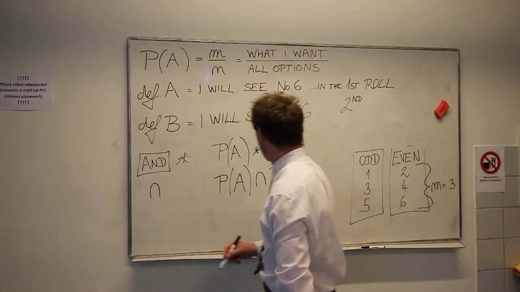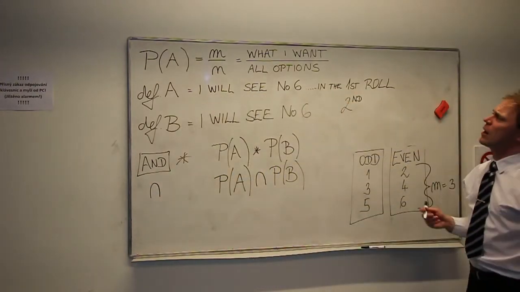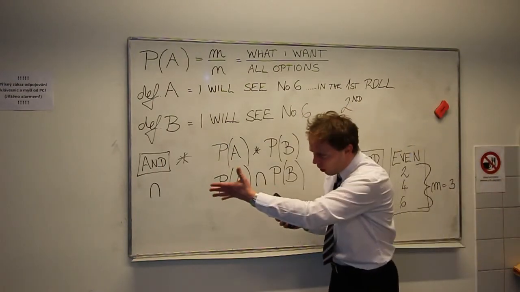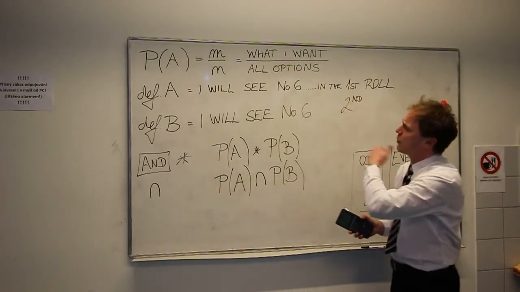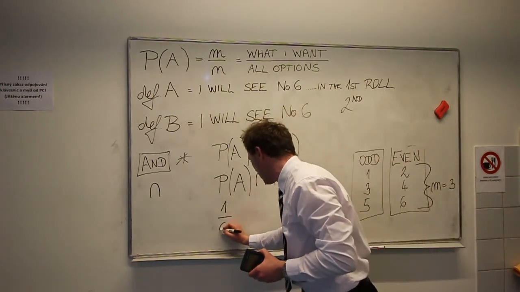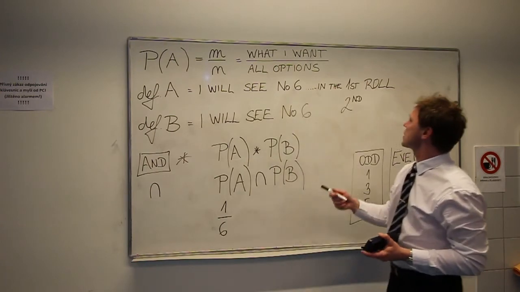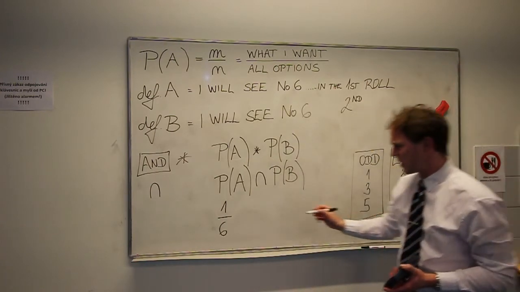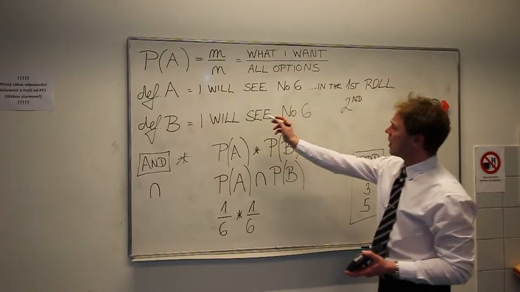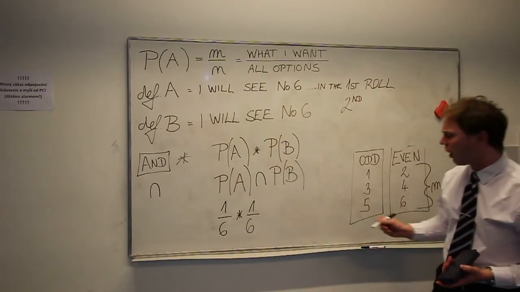Okay, so we can calculate it. We have a fair dice. I will be happy if I will see 1 divided by 6, number 6 in the first roll, and 1 divided by 6, I will see number 6 in the second roll.